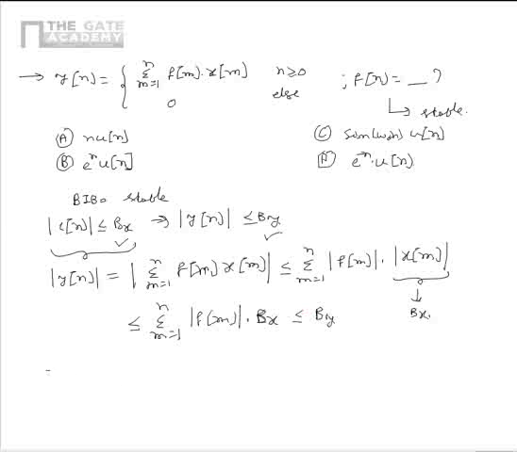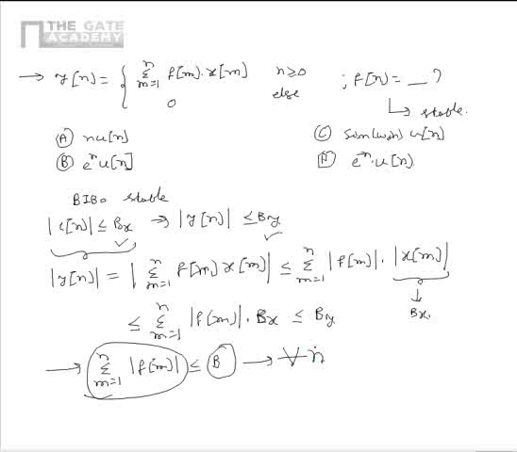From this, we can show that the given system would be stable if sigma m equal to 1 to n mod of f of m is less than or equal to b. So, if this condition is satisfied, we can prove that the given system is stable. Please note that this condition should be satisfied for every n.